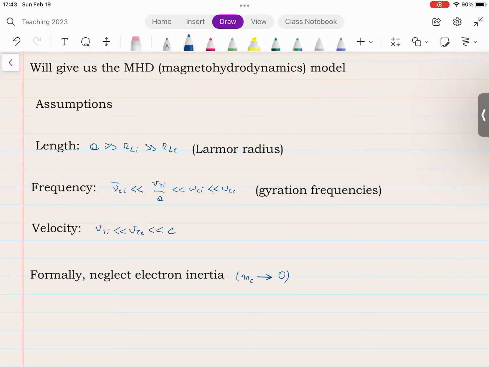This is the assumption that will let us write the total ion mass and mass conservation as conservation of the ion masses in practice.